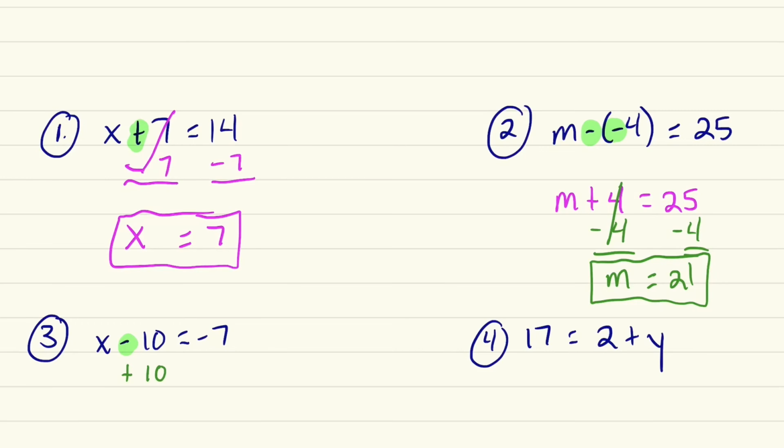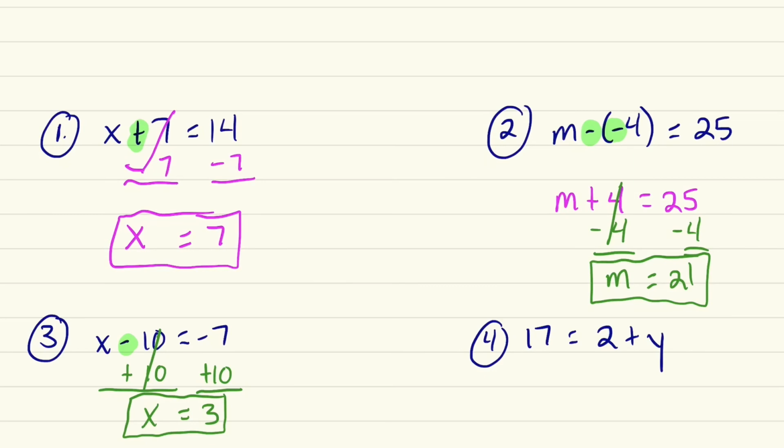We're going to add 10 to both sides, plus 10 and plus 10. We know minus 10 and plus 10 cancel out, leaving me with x on the left-hand side. And then negative 7 plus 10 is equal to 3. So my final answer there is x is equal to 3.